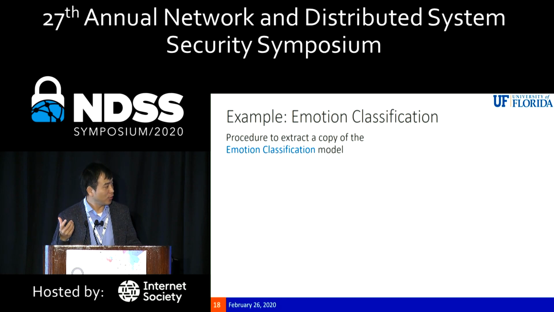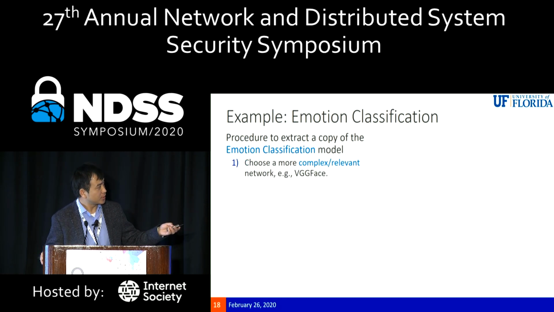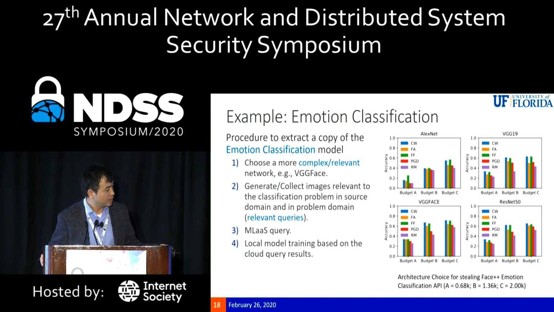Among all of them, for example, if we try to steal the emotion classification cloud model, we can choose all the different local models, but the best performance is achieved by VGG Face. So it tells us that if you are trying to steal a model in the cloud, you'd better have a substitute model which is doing a similar task.